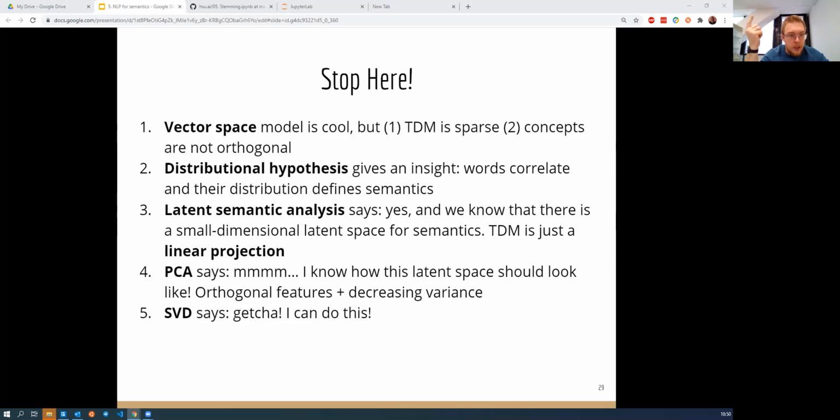So we obtain the vector for the document, and wow, cool, we can do linear algebra things with these vectors.